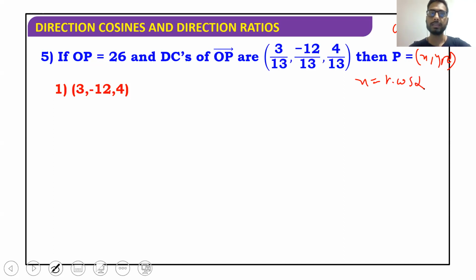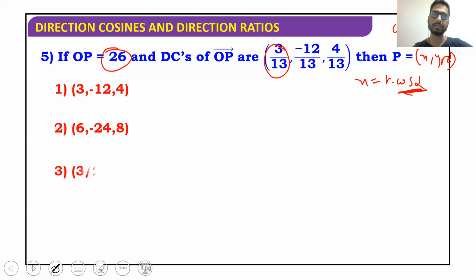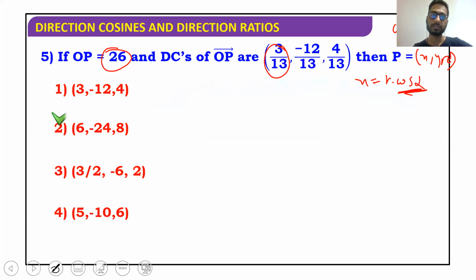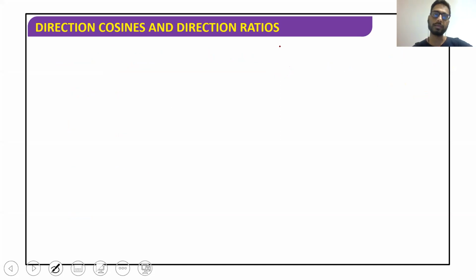R is given to us in this case, OP, which is equal to 26. Cos of alpha is your direction cosine, which is equal to L, which is equal to 3 by 13. Therefore, x coordinate would be 3 by 13 multiplied with 26. 13 ones are 13, 13 twos are 26, so 3 twos would be 6. Similarly, you can find y and z coordinates. So that is answer number 2.